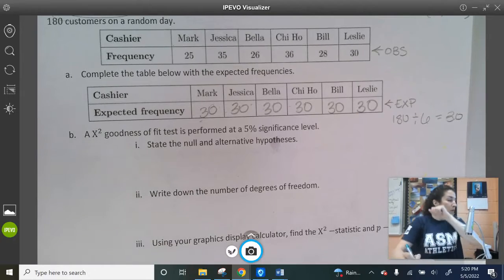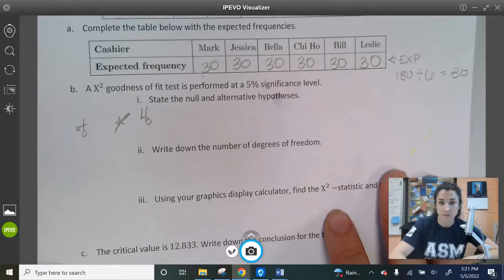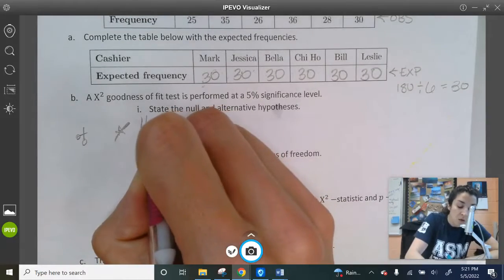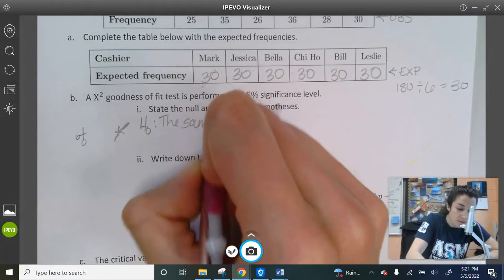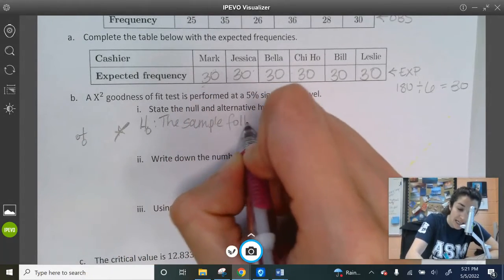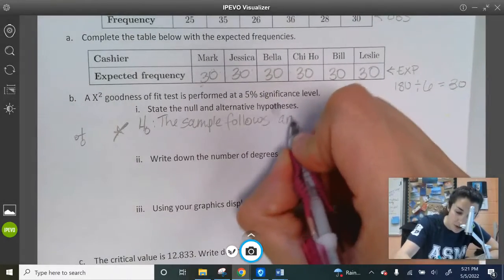Okay, I want you to try doing the hypotheses on your own. Remember that your null hypothesis is always that the sample follows the expected distribution. So in this case, this sample follows an even distribution.